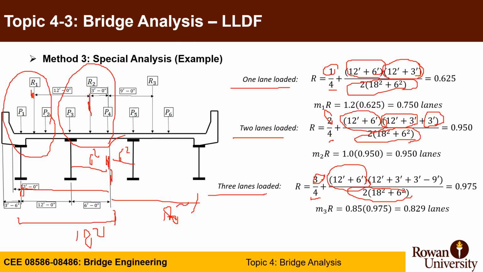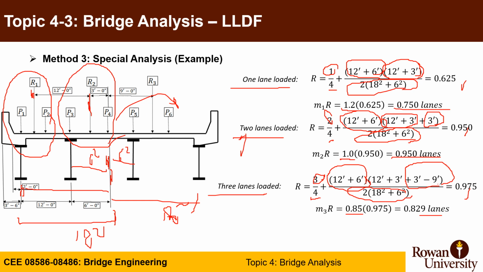And the last one, when you add the third lane, is now in the negative direction because it's on the other side, so you put a negative here, and you calculate, you get the factors, you multiply times the multiple presence factors here too, and you get the live load distribution factor.